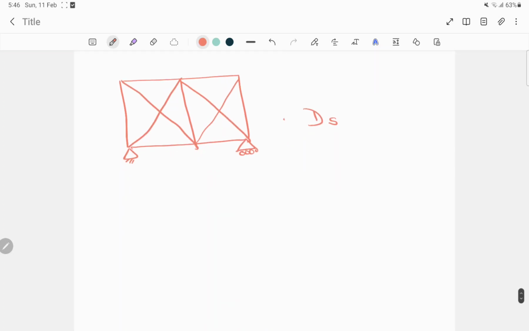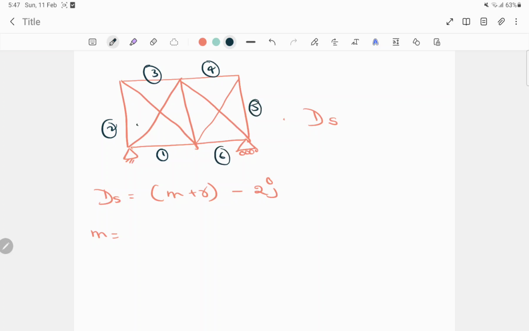Now again we have a formula with us, that is ds is equal to m plus r minus 2j. Here m is equal to how many members? 1 2 3 4 5 6 7 8 9 and 10. Member is 10, I guess, or no, 10, 11. Here another one member is there, no?